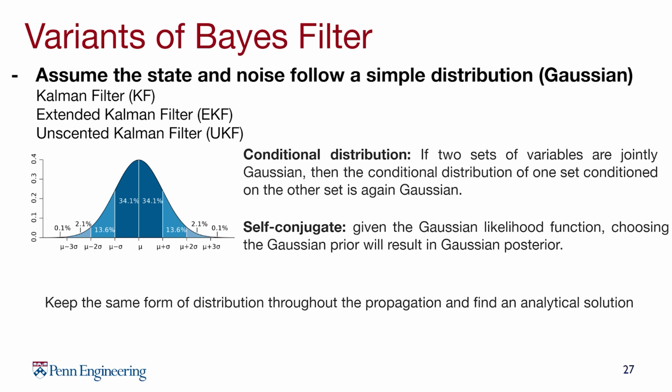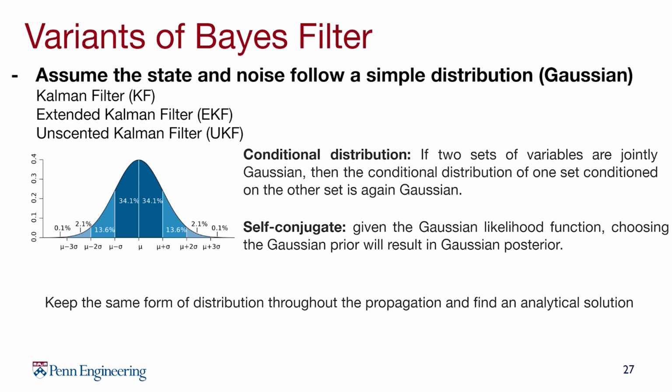The second property is that the Gaussian distribution is self-conjugate. So given the Gaussian likelihood function, if we choose the Gaussian prior, we will also result in a Gaussian posterior.